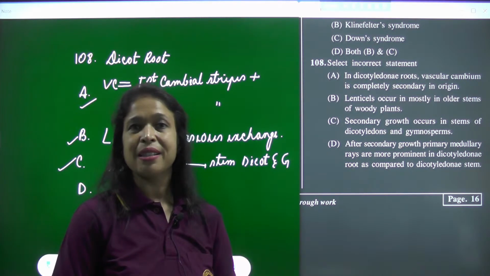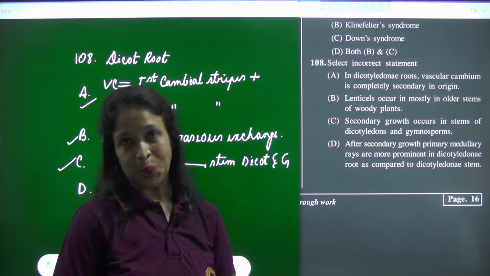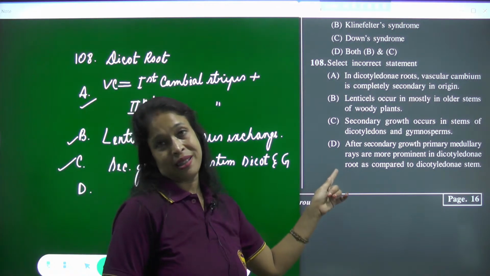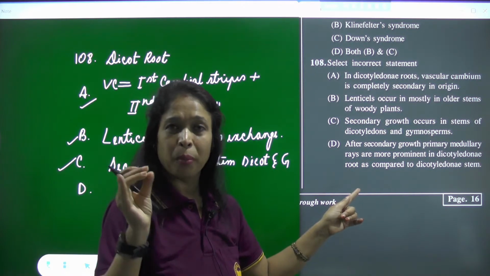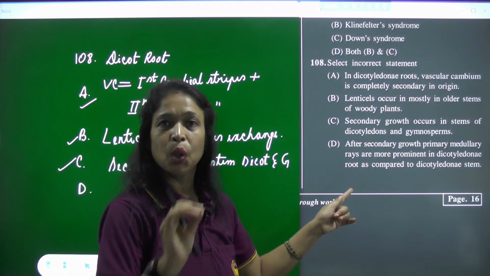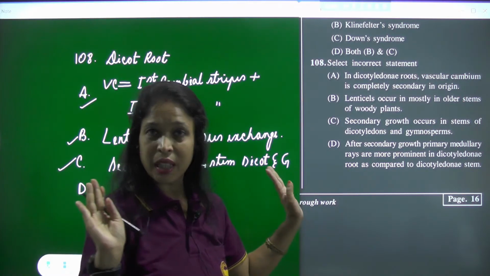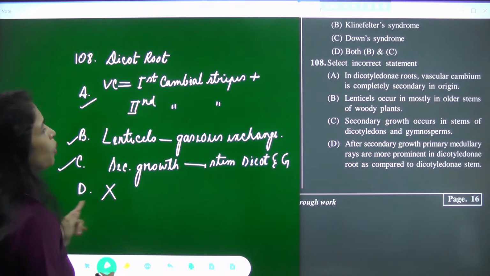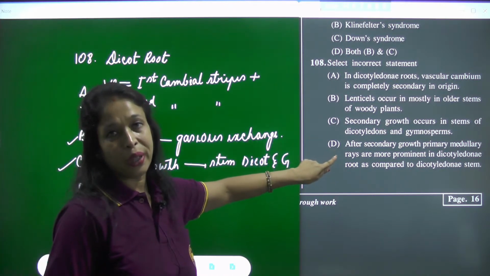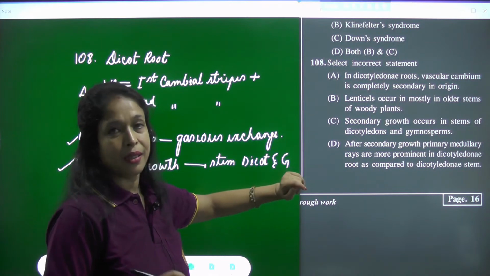So, medullary rays are not seen in dicot root. So, this statement is incorrect. Medullary rays are more prominent in dicot stem, not in dicot root. Got it? So, the last option is wrong. So, for 108, option D is the correct answer.